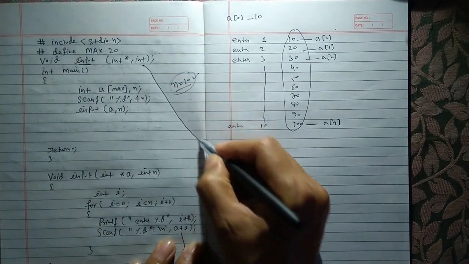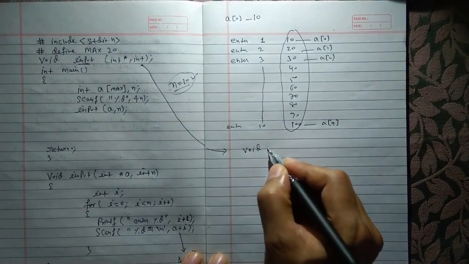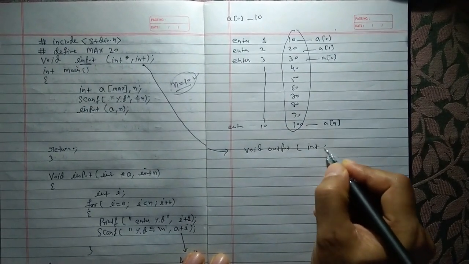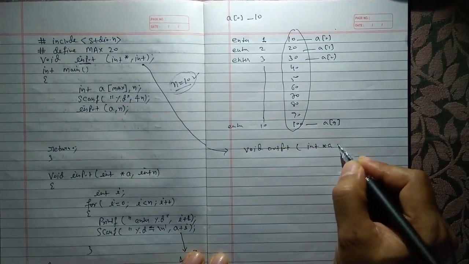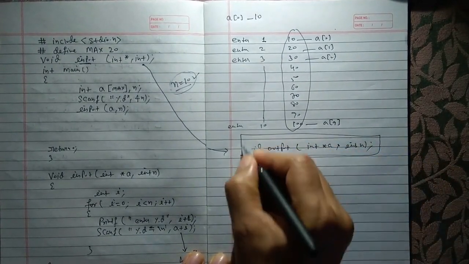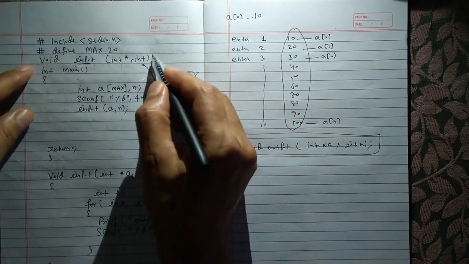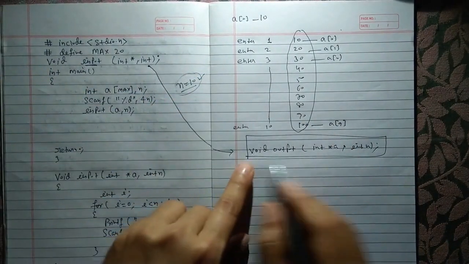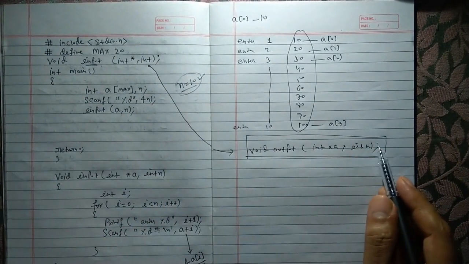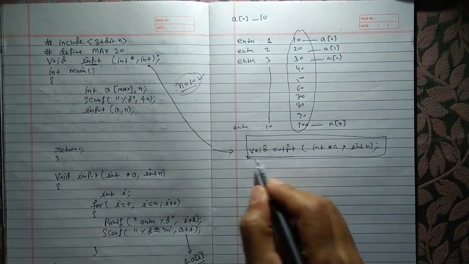You must also write this function declaration, void output int star a and int n. This is the function declaration you have to write below the void input line, and then close this function declaration. So this is another type of function.